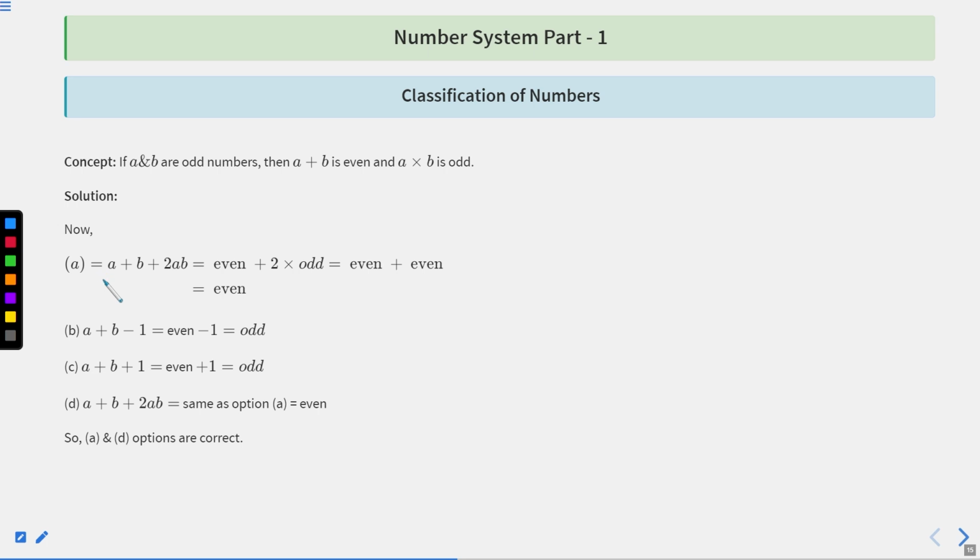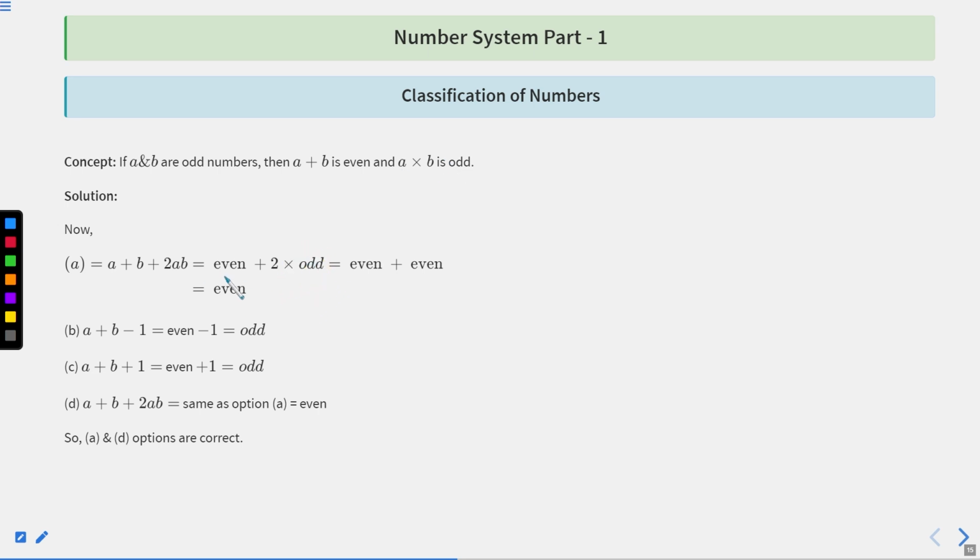Now, let's see option number A. For option A, we have A plus B plus 2AB. A is an odd number, B is an odd number, so their sum is going to be an even number. Their product is going to be an odd number.